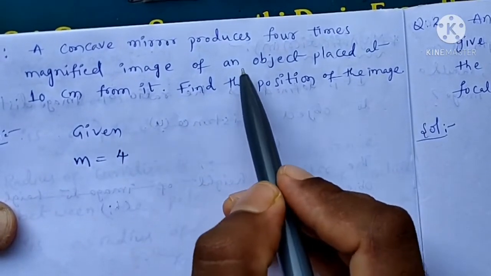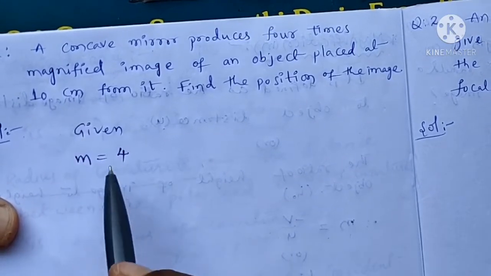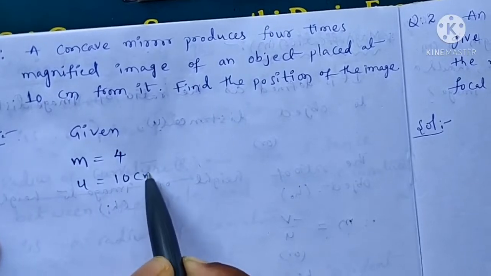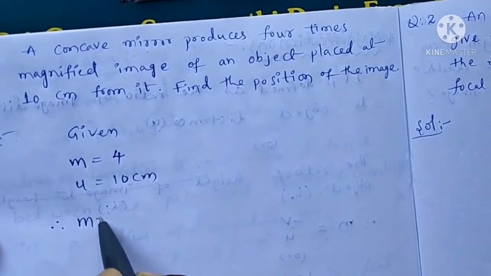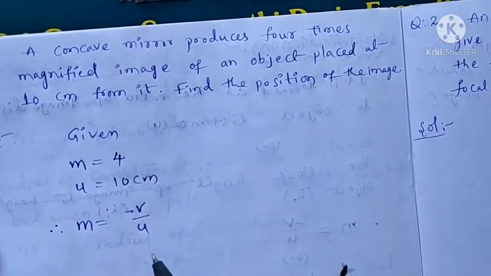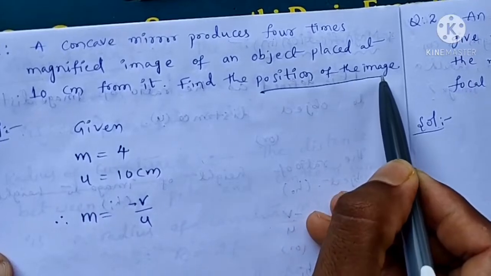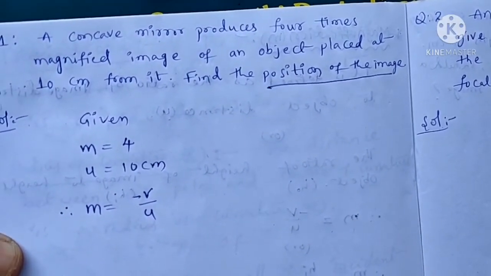Then next, the object is placed at 10 centimeters from it, nothing but object distance, that is u equals 10 centimeters. You know the magnification formula, m is equal to minus v by u. What we have to find out? Position of the image, nothing but image distance.